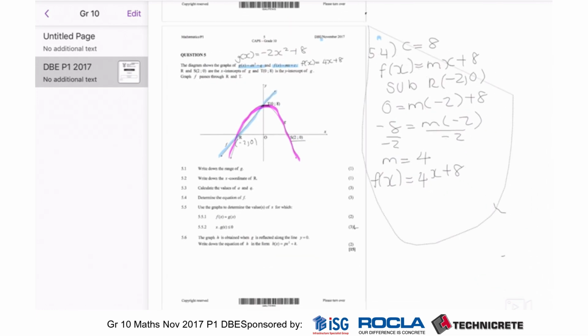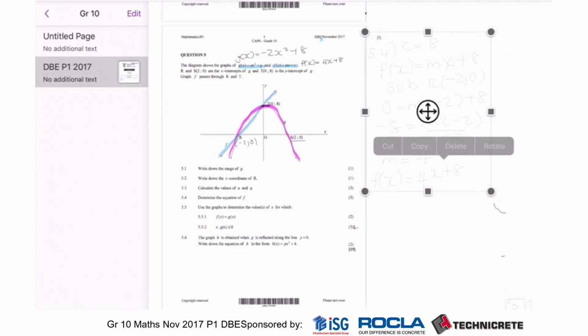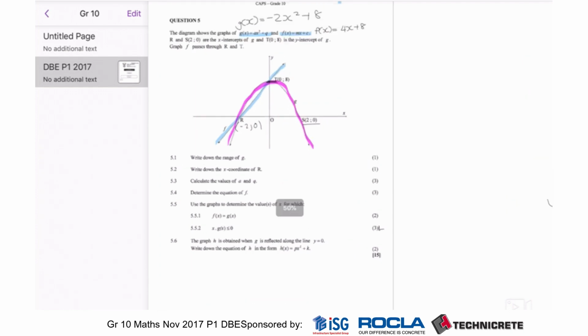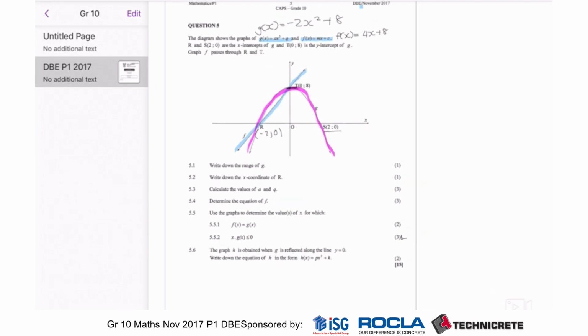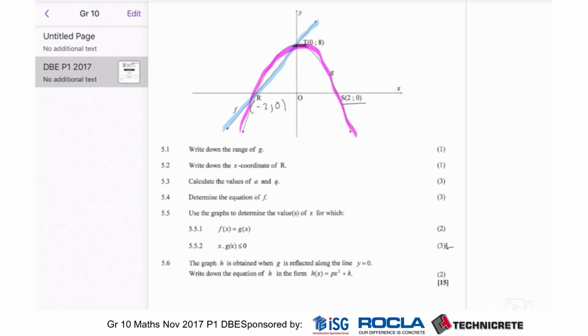The next question is asking us to use the graph to determine the values of x where f(x) is equal to g(x). Very simple. They're wanting to know where the straight line graph and the parabola are equal, where they touch. And they want the x values specifically. So we can already see where they touch.